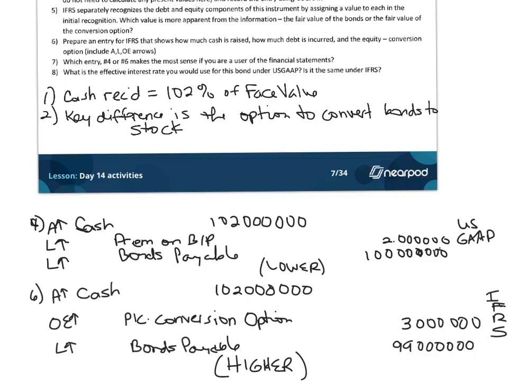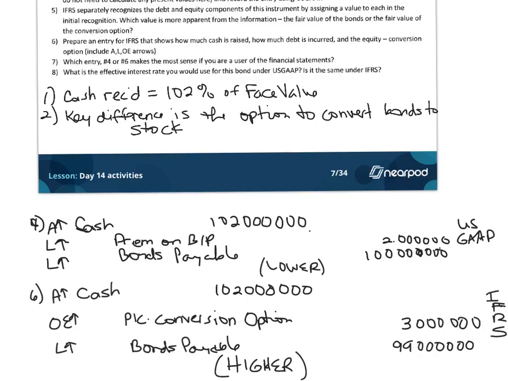No. So when you calculate an effective rate for these two bonds, if you did that on your calculator, you would get a lower amount for the US GAAP bond than you would for the IFRS bond.